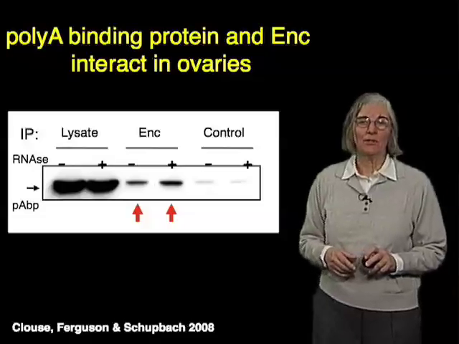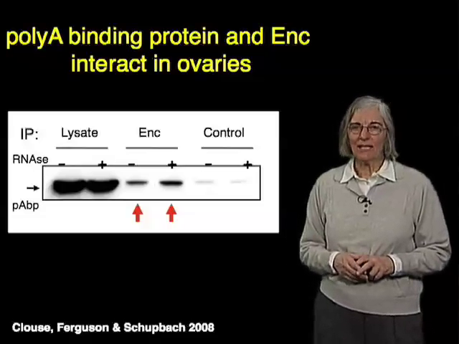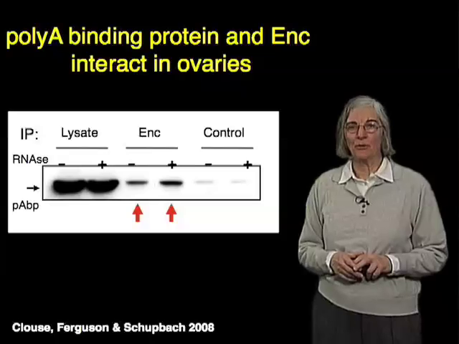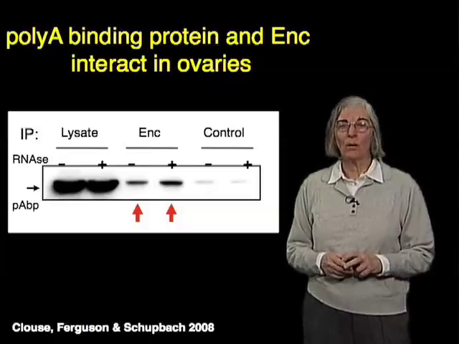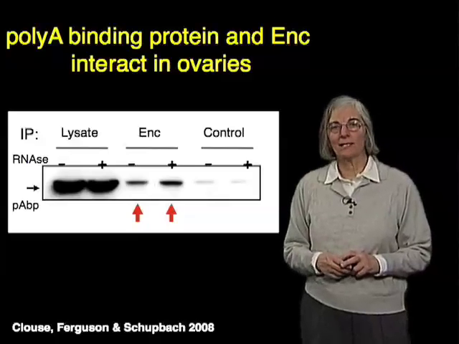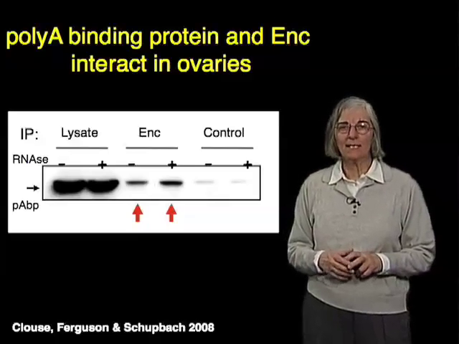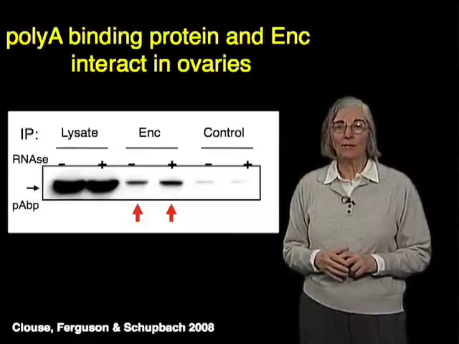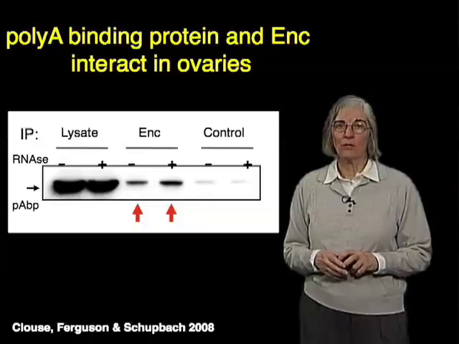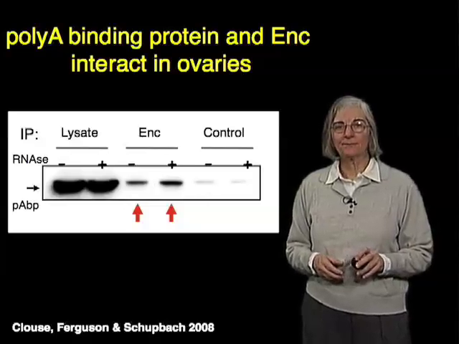Another finding about ENCORE is that it interacts with a polyA binding protein. PolyA binding proteins are usually required to upregulate translation in cells, and we found that ENCORE seems to directly interact with such a polyA binding protein.